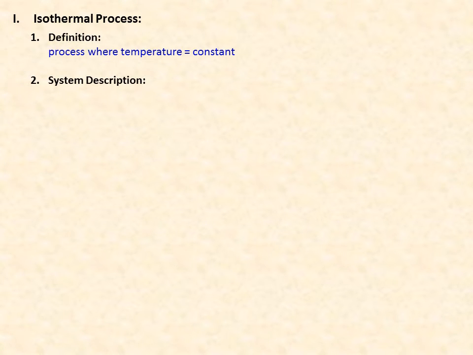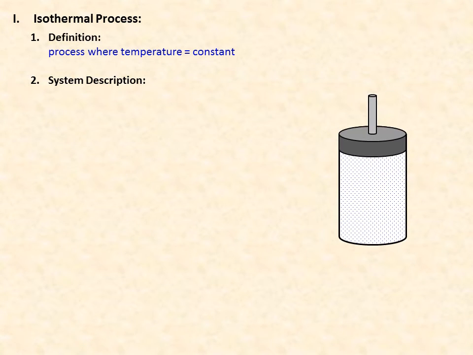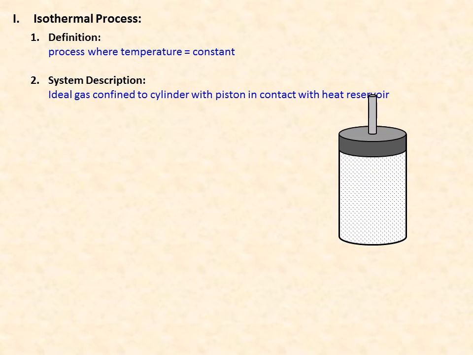Now, the system we're going to consider in this process and in all four processes we look at today is that of an ideal gas. We're going to confine our ideal gas inside a cylinder with a piston at one end to be able to trap the gas.